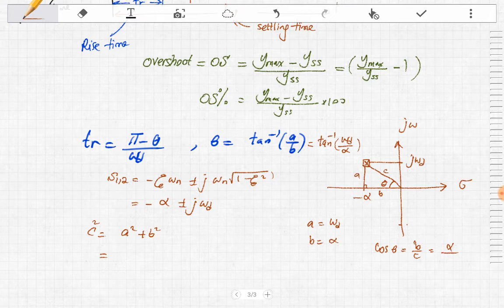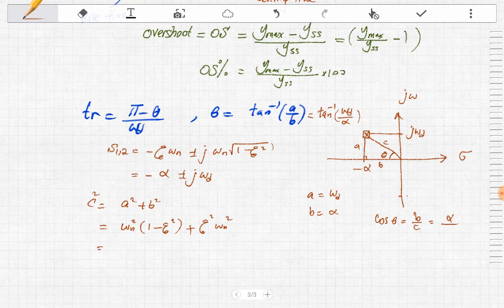What's A? A is equal to omega d, right? Square it here. So you have omega n squared times 1 minus eta squared, the square root is gone, plus B squared. What's B? B is alpha, and alpha is equal to eta omega n, so plus eta squared omega n squared, true?